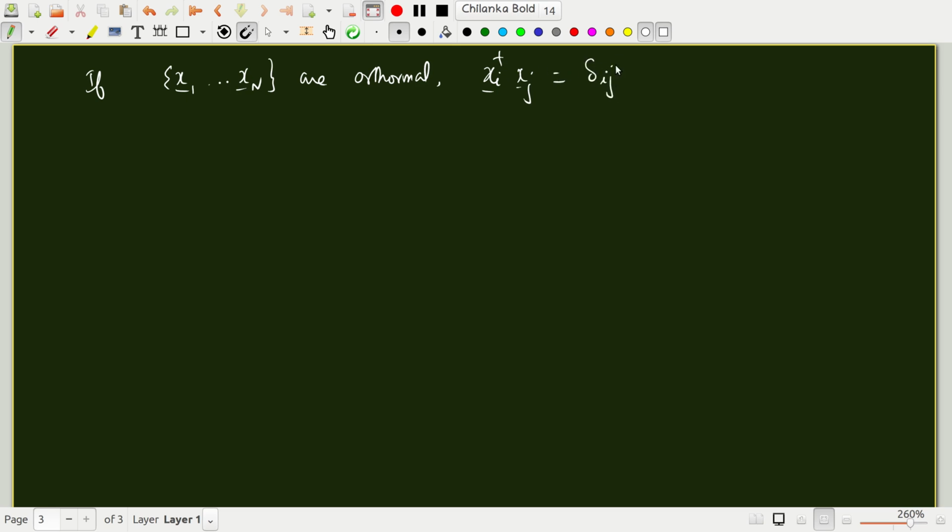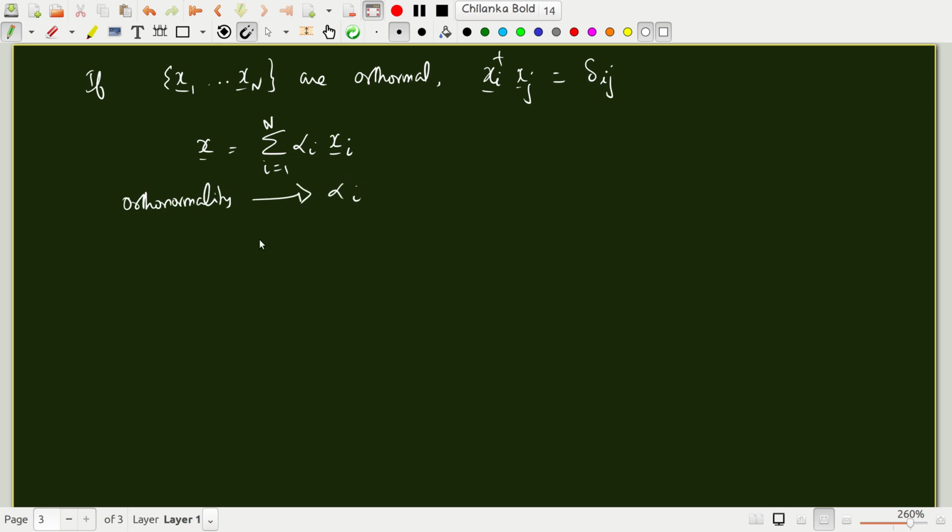Then the coefficients can be found. Suppose I then have x equal to summation alpha_i x_i, i going from 1 to n, then the coefficients alpha_i can be found by orthonormality.